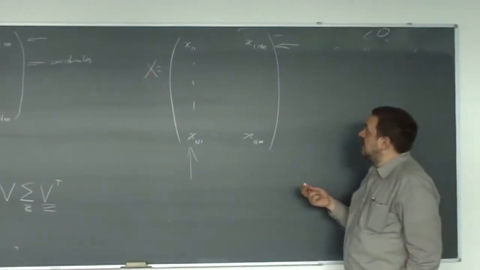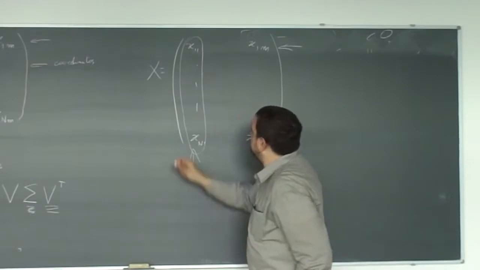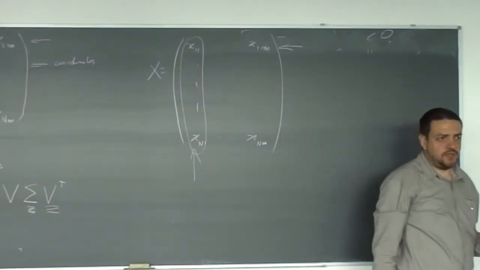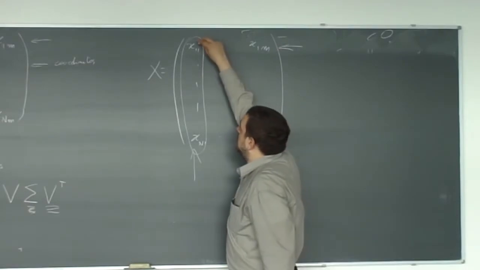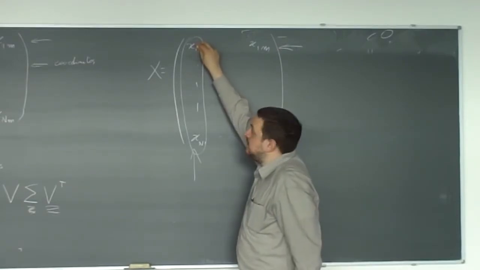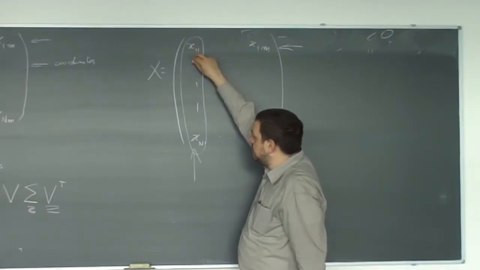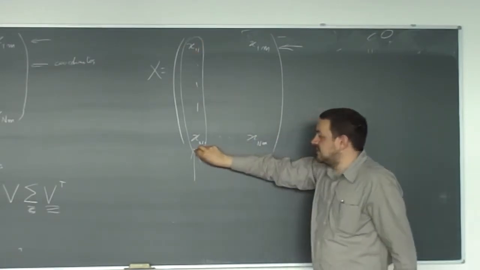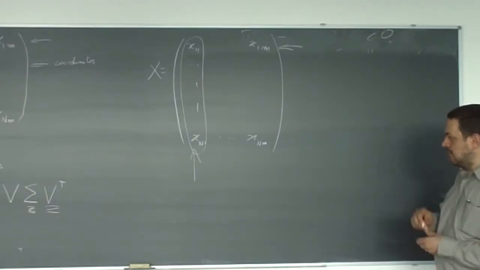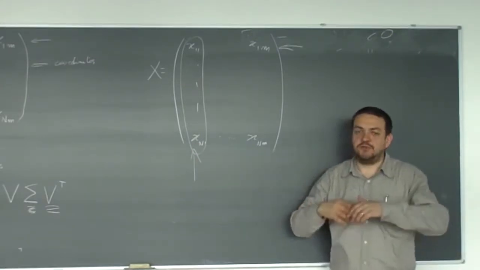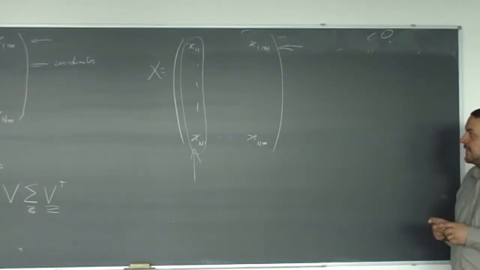In a sense, this column represents a vector of features of the first document. For example, what is the frequency of term 1, what is the frequency of term 2, down to the frequency of term n. The frequency normalized with respect to some criteria.